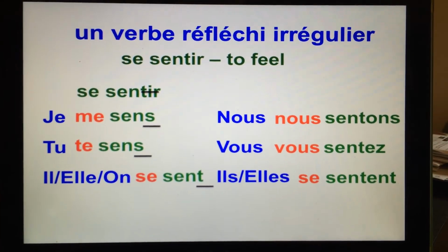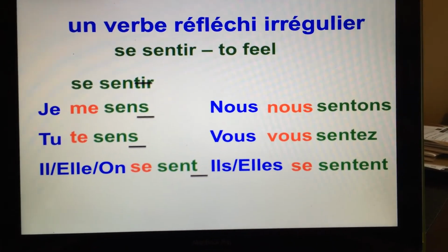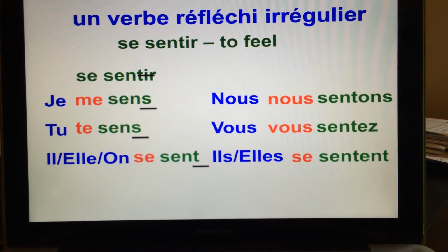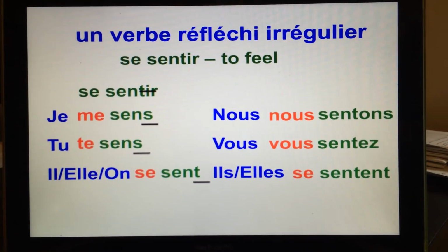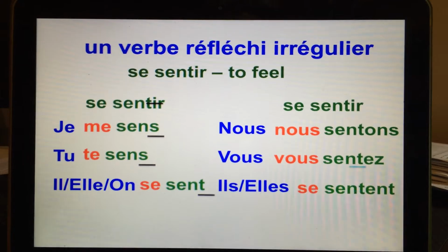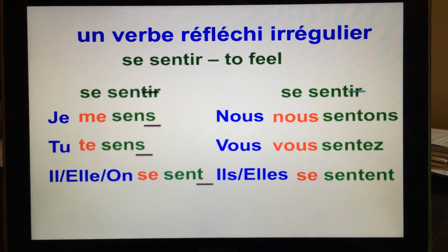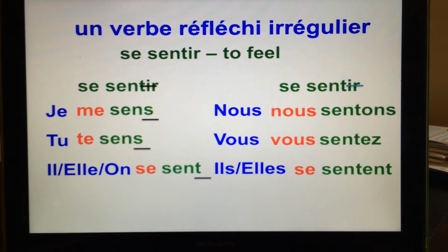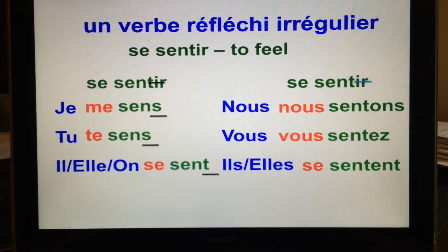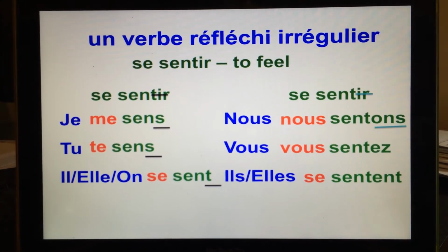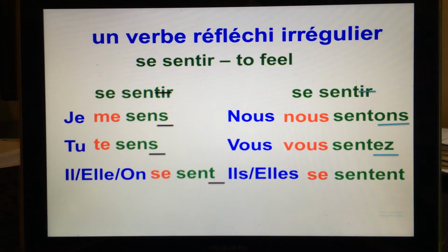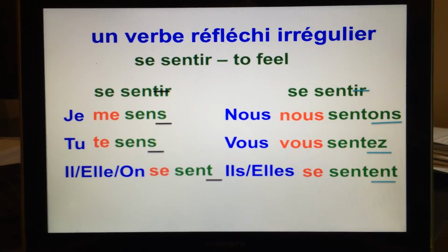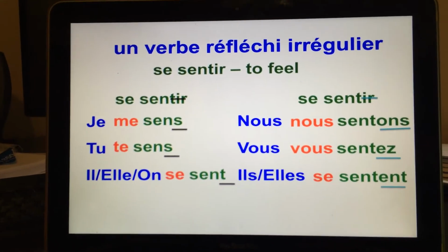That's a very common pattern for irregular verbs, actually, this S, S, T pattern. And then on the right side of the table, we chop off the IR, so our little stem on that side is SENT, and then we have what look like just our regular ER verb endings, ONS, EZ, ENT. So if that helps you to remember that, that's great.